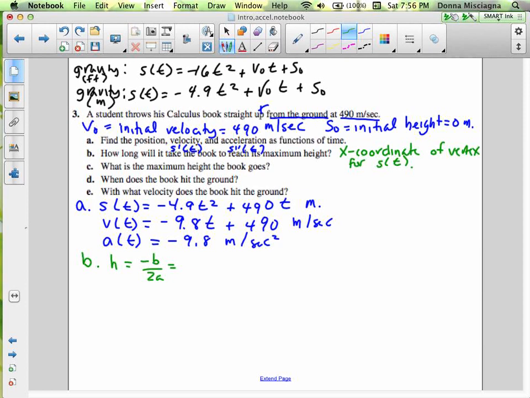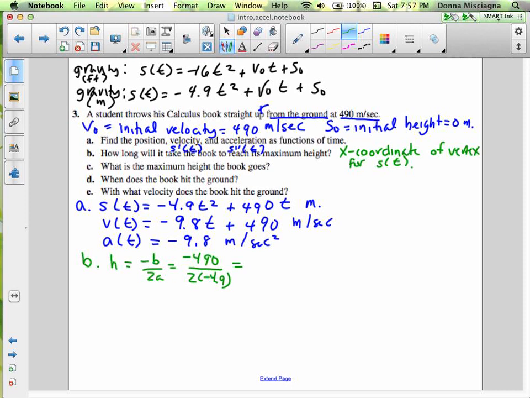So that would be negative 490, the coefficient on t, divided by 2 times negative 4.9, where a is the coefficient on t squared.